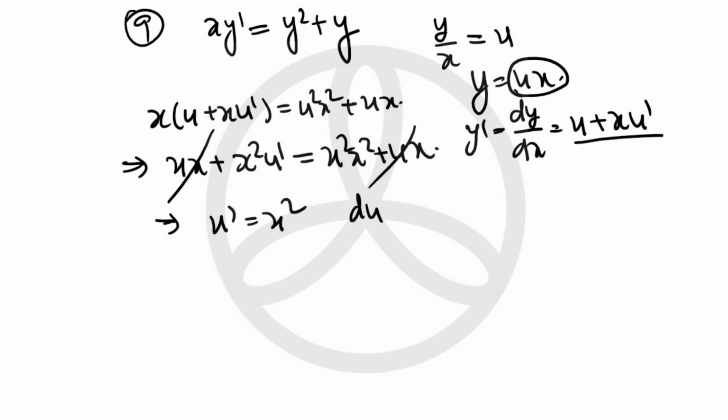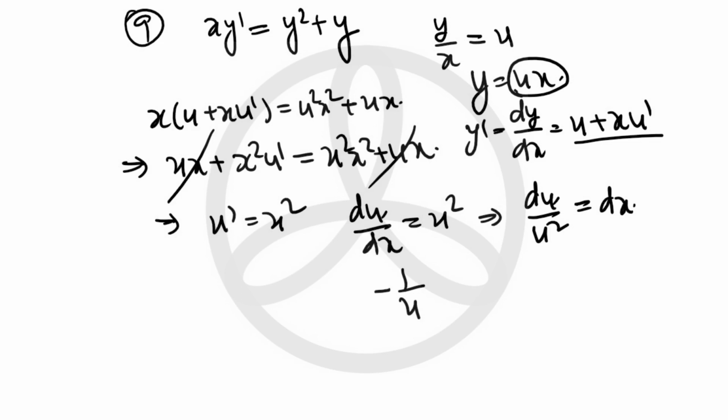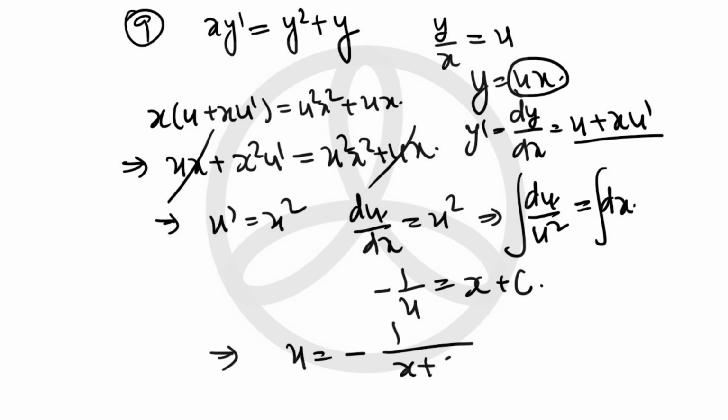And we get du/dx is equal to u square. When we separate the variables, we get du/u square is equal to dx, and this is minus 1/u. When we apply the integration on both sides, this will become minus 1/u, and this will become x, and then there is a constant of integration c. So we can write u is equal to minus of 1/(x plus c).